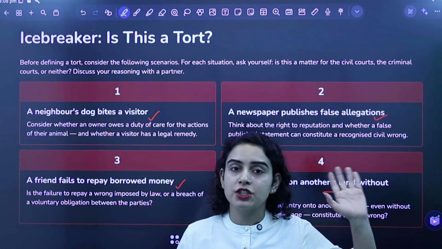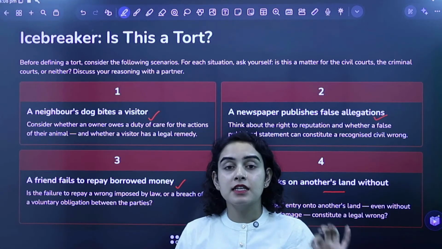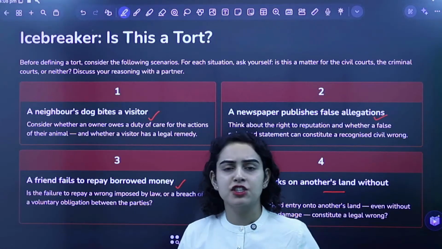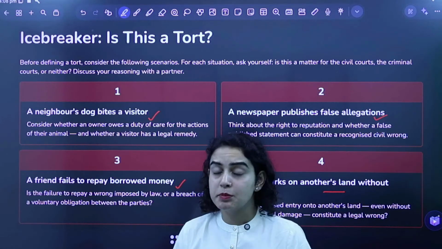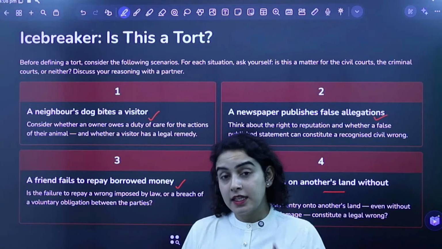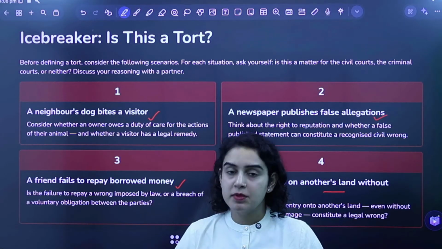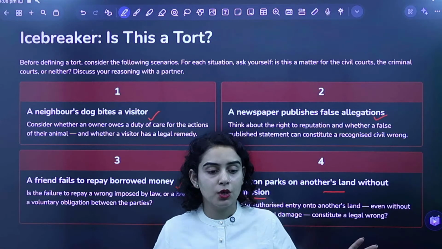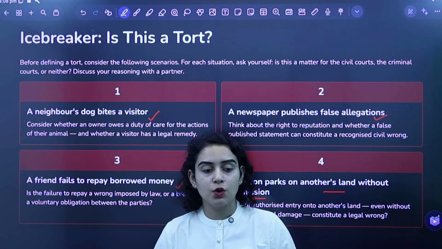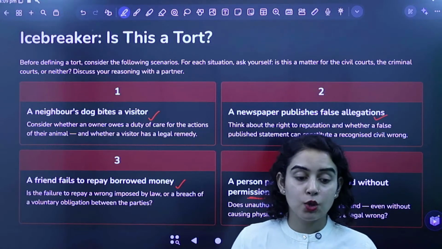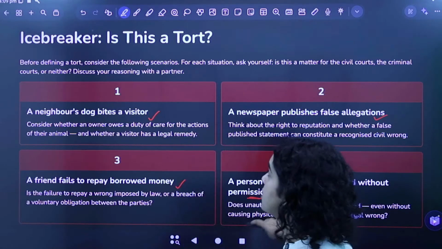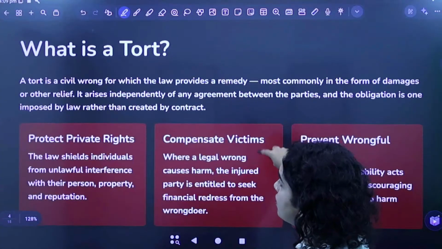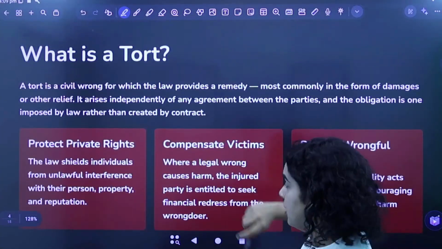Any such legal injury of civil nature happening to any person, the remedy and the solution for that legal injury is given to us under law of torts. So law of torts specifically talks about all these losses that can happen, which are unforeseeable, which nobody can predict.